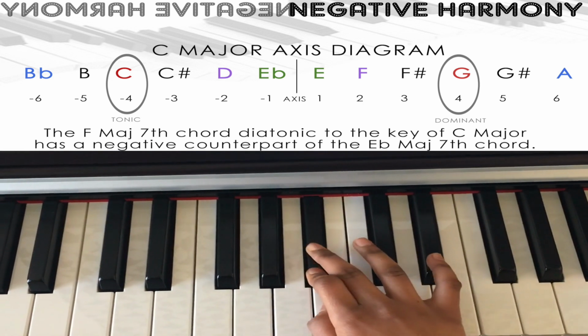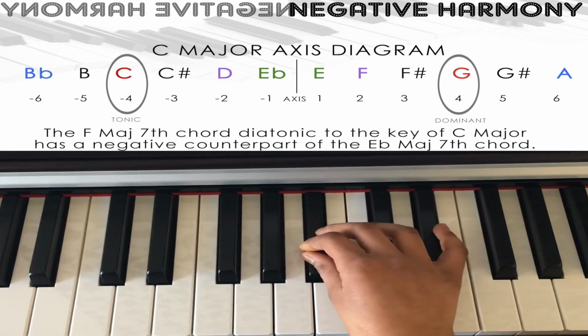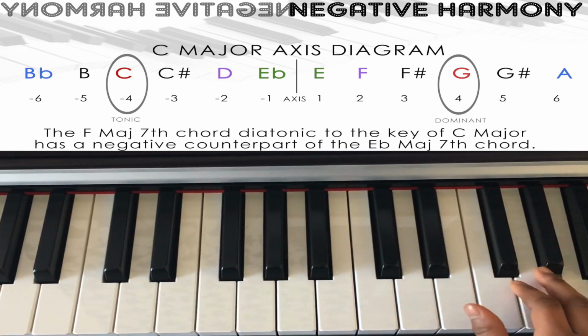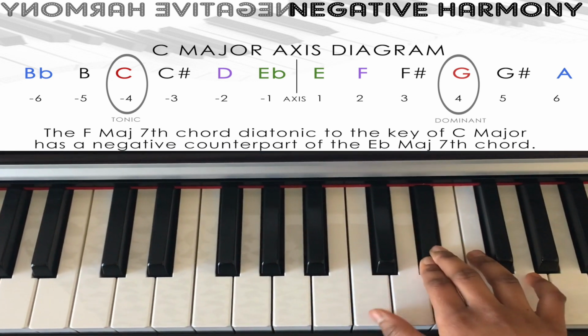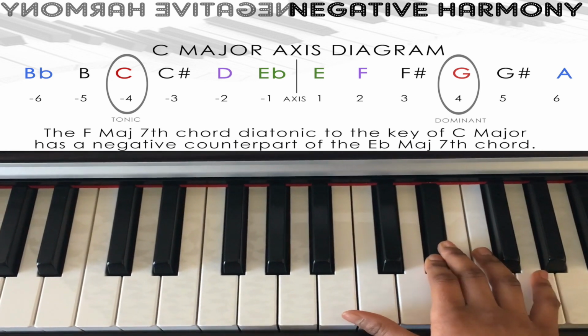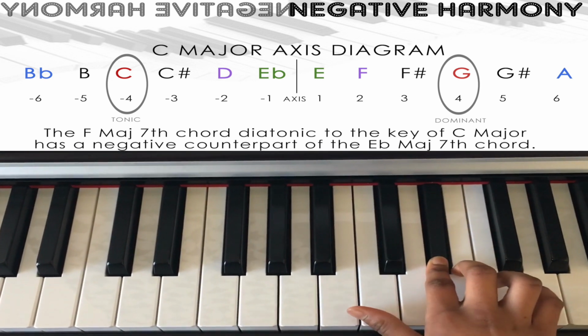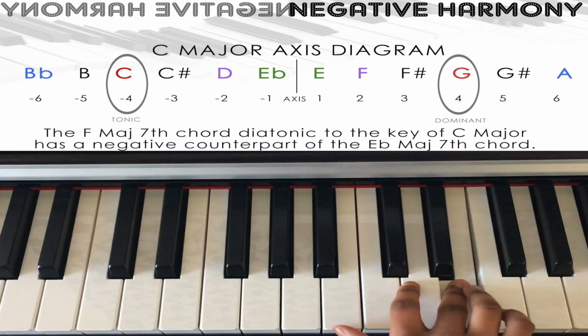B flat, which is -6, would be A, which is 6 on the number line, and then E flat, which is the negative side of the axis, would be E as the positive value.